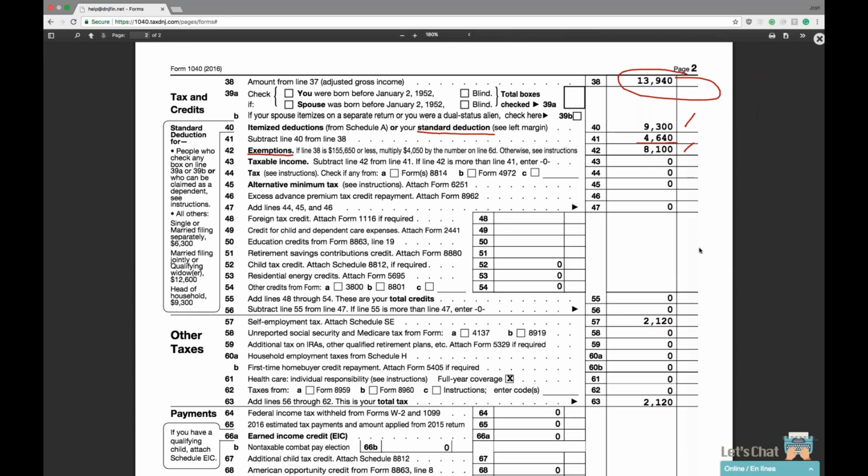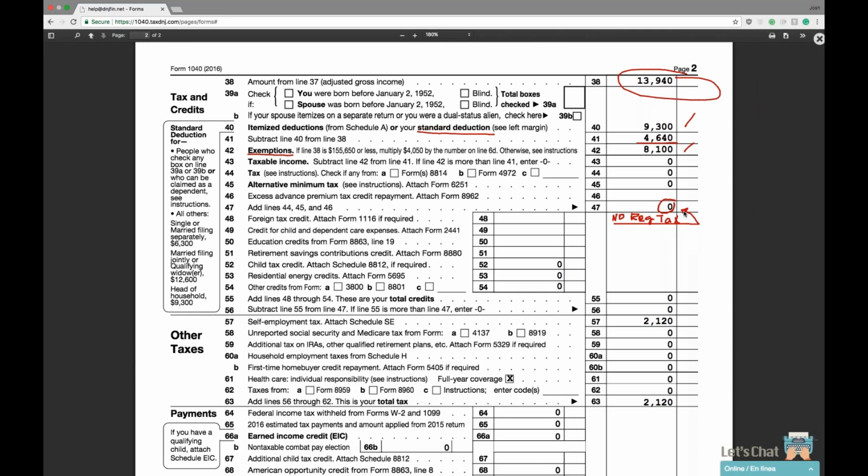You have a zero taxable income, okay? So no tax. Write that down with me. No regular tax. That's what that means. As you can see right there, no regular tax.